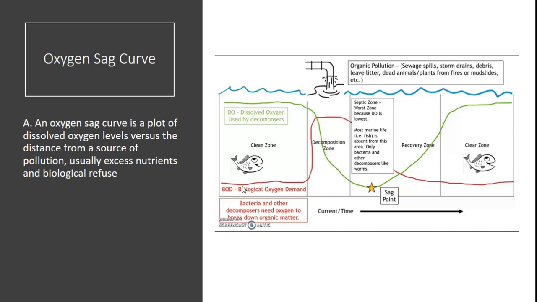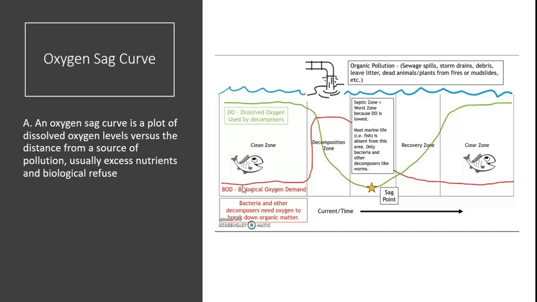Now, another tool that scientists can use, and this is exactly what we're doing in Life on the James right now, is to establish where along this waterway we might see the worst water quality versus the best water quality, and how that might affect the dissolved oxygen. So here we can use what's called an oxygen sag curve, which is a plotting of points for the dissolved oxygen levels versus what's called the biological oxygen demand.